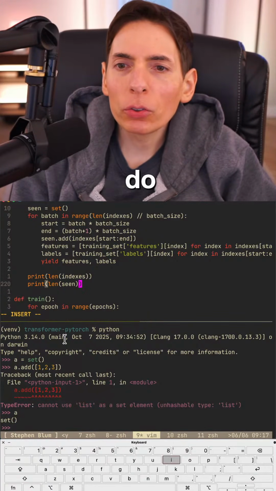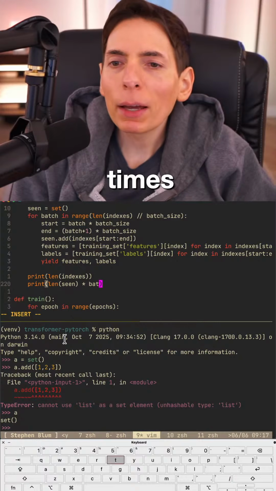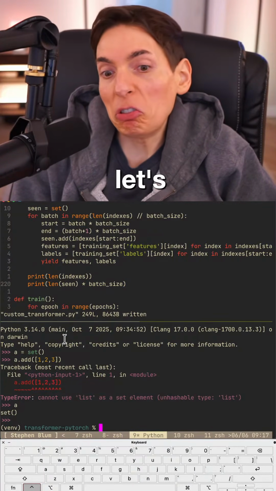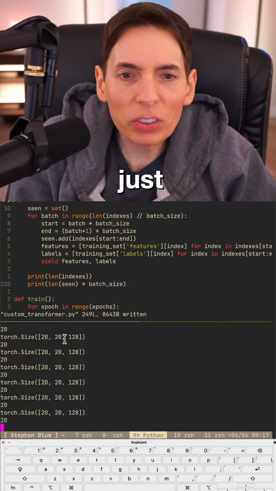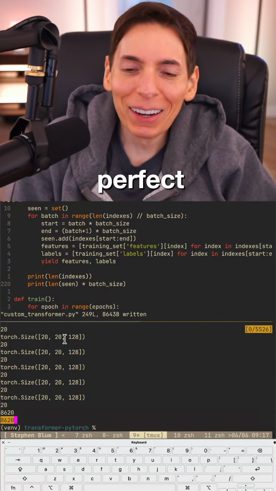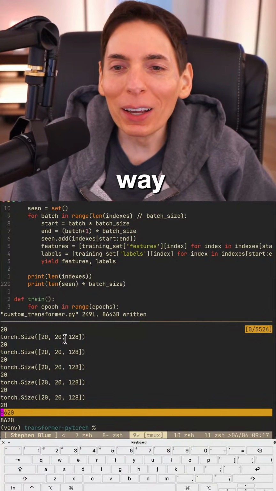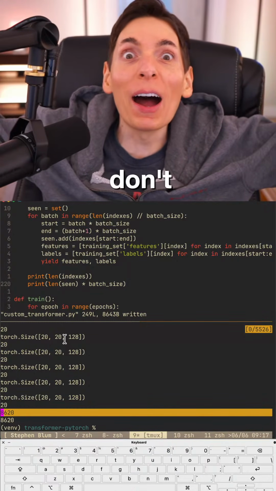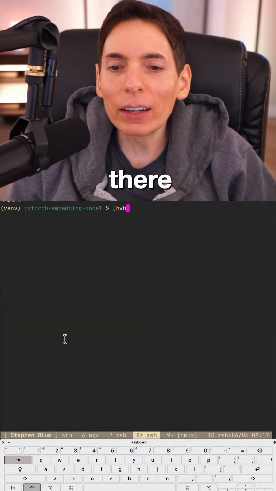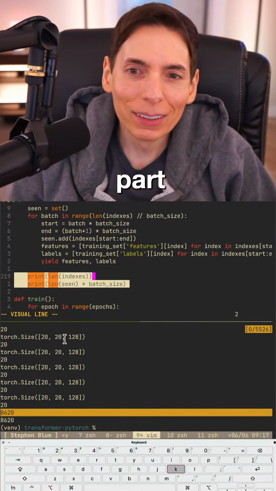Well, I suppose what I could do is say times batch size, something like that. Let's just pretend that's what we're going to do. Ooh, it's perfect. No way. Oh, really? Okay. I don't know why, but it matches now. All right, so we've succeeded there. Now we have to go on to the hard part.